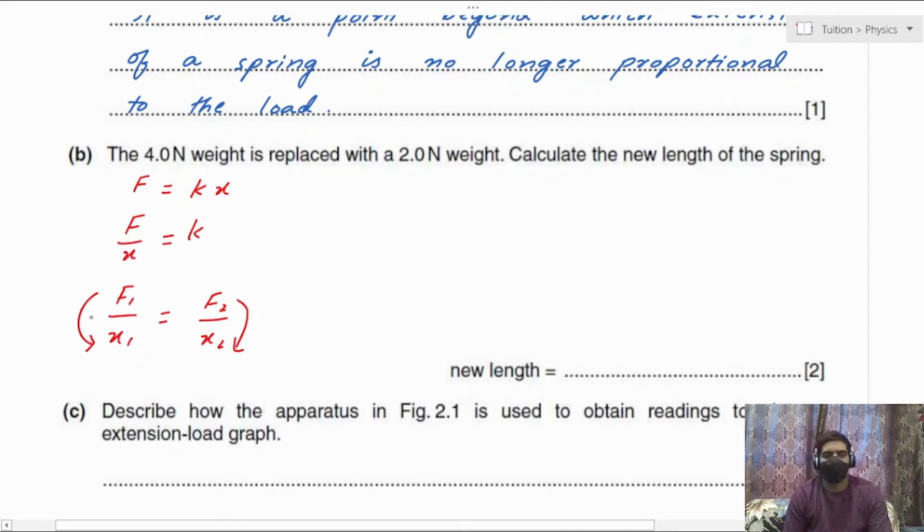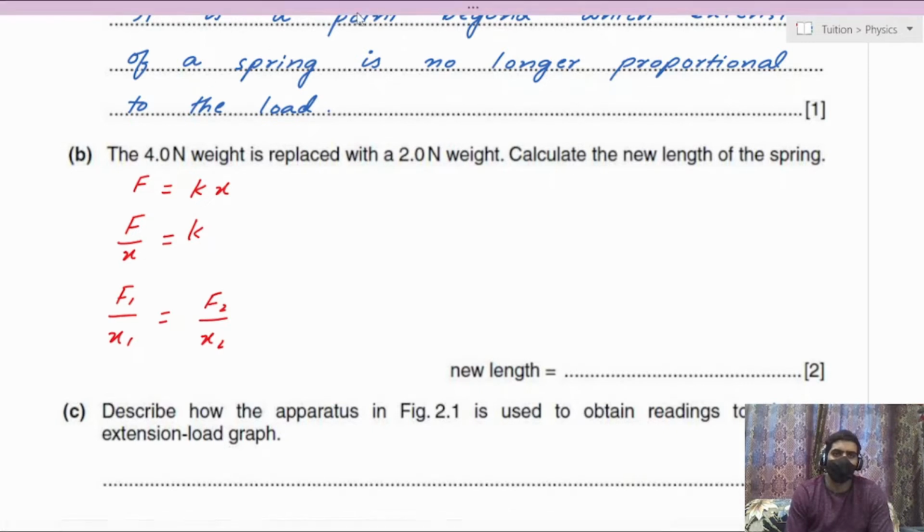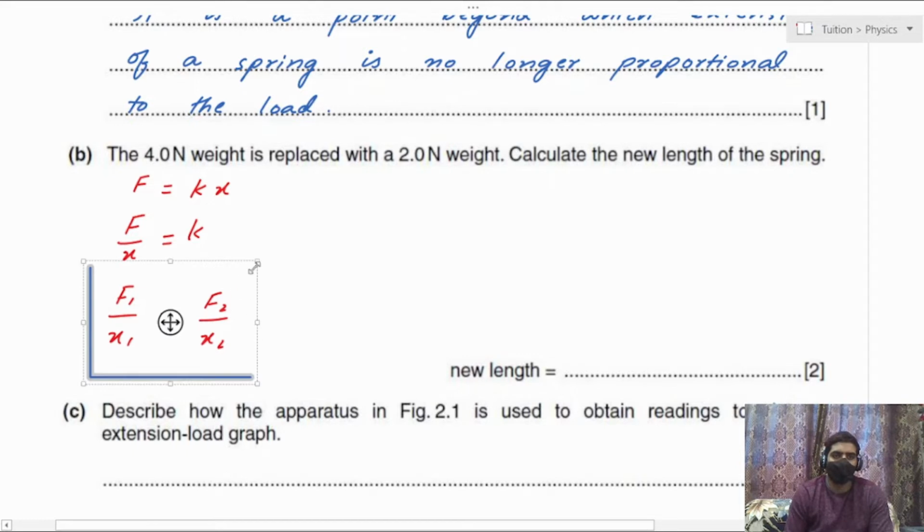Even if the concept is not there, you have to be aware of the formula, which is F1 over X1 equals F2 over X2. This is an important formula, and I'll show you how you can do it mathematically, which is just another way of using the same formula.